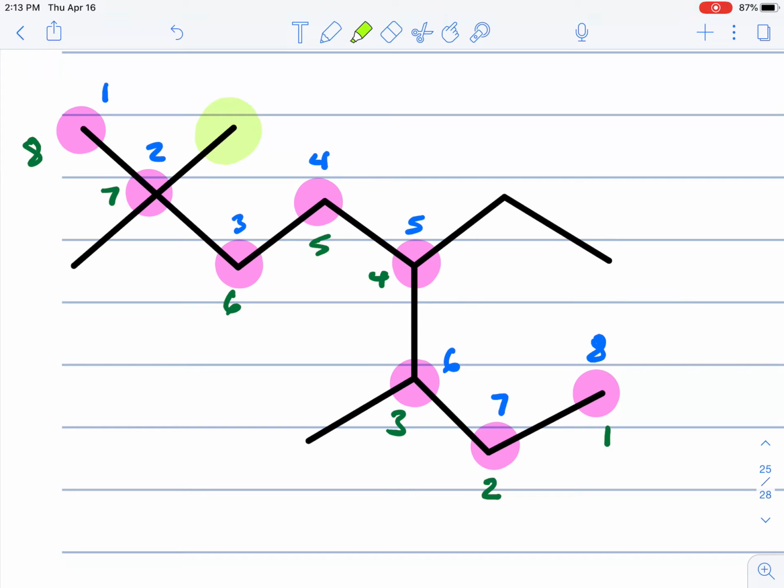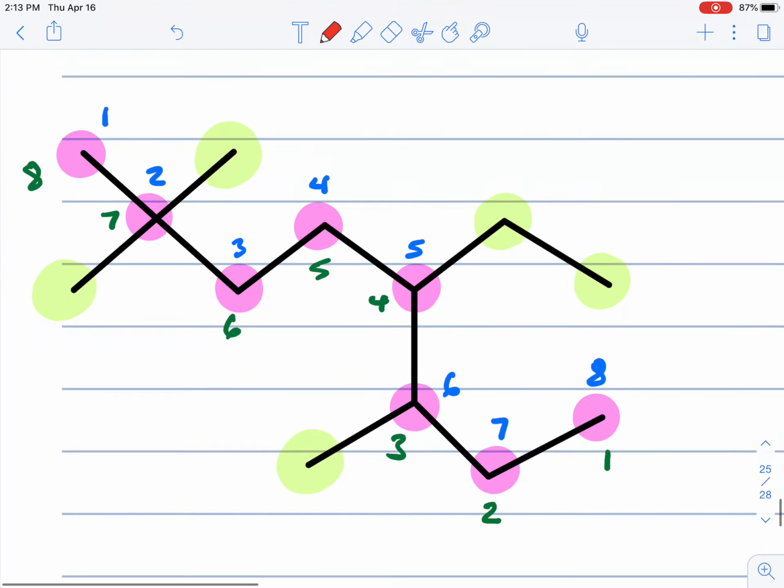So this is a substituent, this is a substituent, these 2 carbons are our substituents as well as this. When I was circling the stuff in red, I'm circling the carbon that has the substituent which is in green highlight.